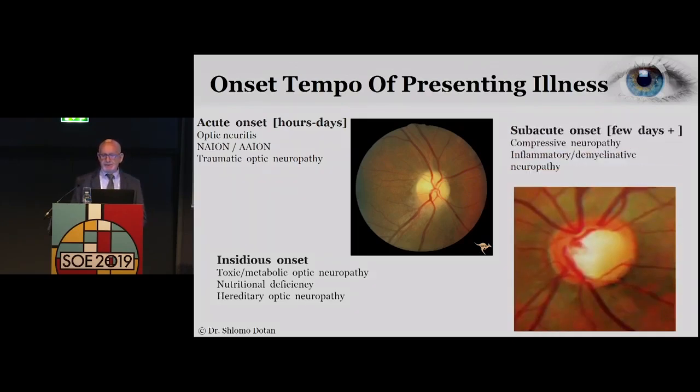And in between, we can find the subacute onset in compressive optic neuropathies, inflammatory and demyelinative neuropathies.